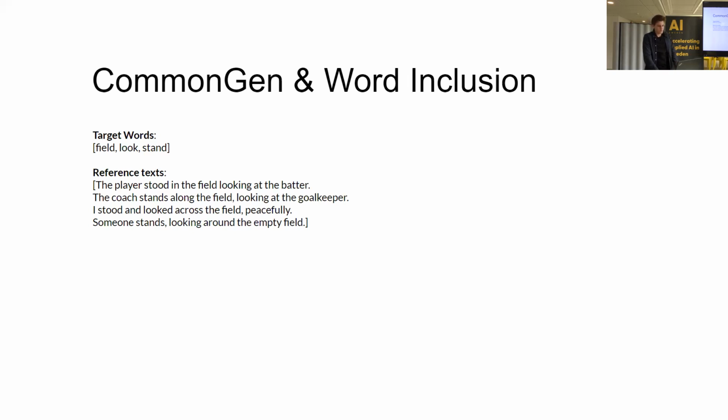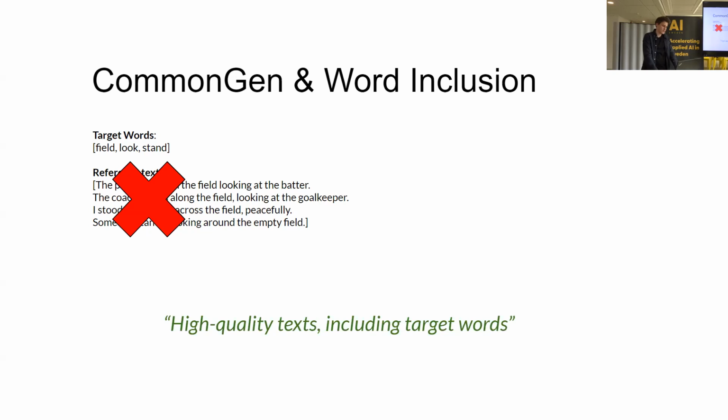We don't believe this is suitable for this task because there are a lot of different sentences you can generate using these target words, and we don't find it suitable to punish the model for being creative in another way. So we scrap those and formulate the objective as: generate high quality text, including the target words.